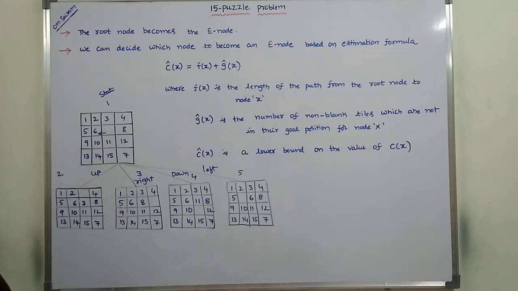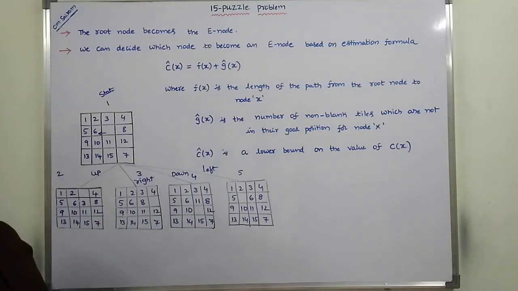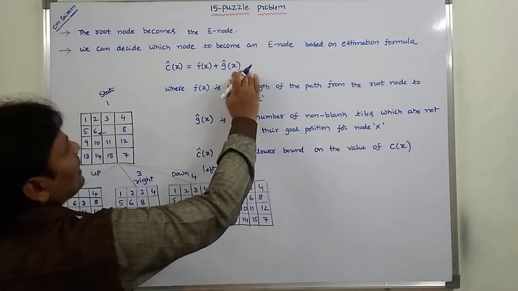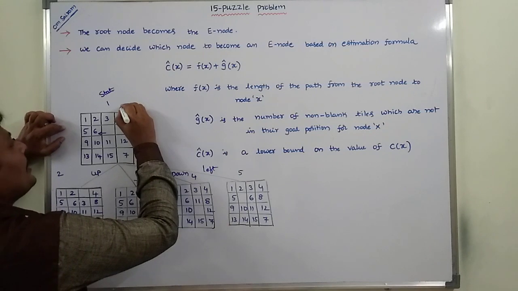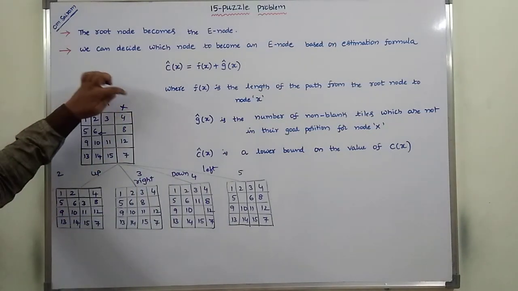Okay. Next one. So here, see how we are calculating the cost. C cap of x is equal to f of x plus g cap of x. Suppose this is the node x. The root node can be treated as x.